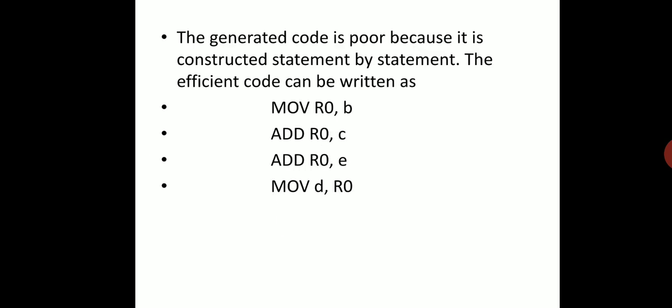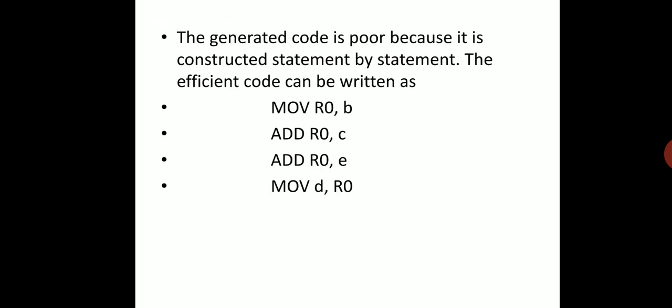But this generated code is poor, because it is constructed statement by statement. If we go with statement by statement construction of a target program, then we can have many target instructions, so our code may not be efficient or optimized. To get efficient and optimized code, we can rewrite the target program as move r0, b.